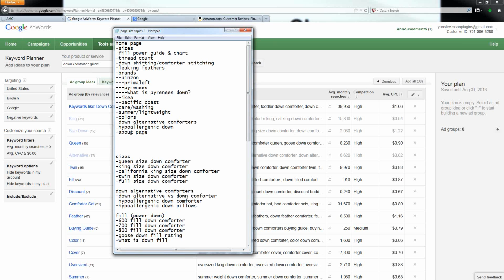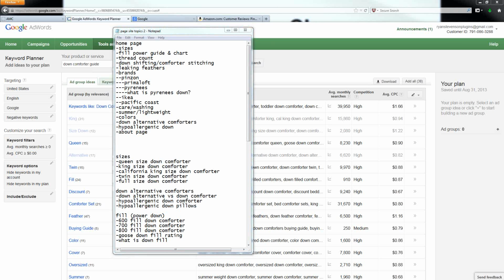It really will just depend on what type of information you have for a given subject in terms of how the best way would be to relay that information to your website visitor.